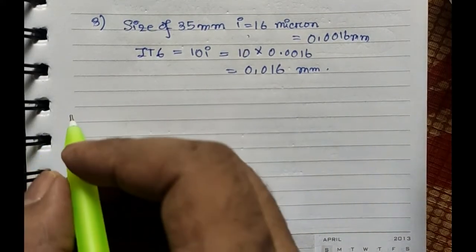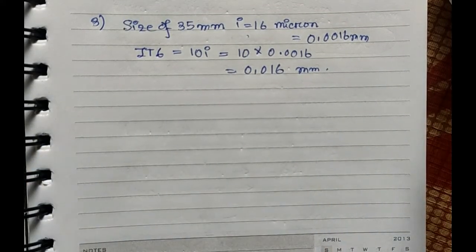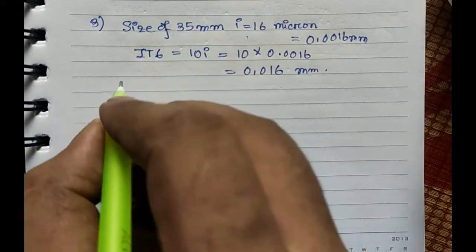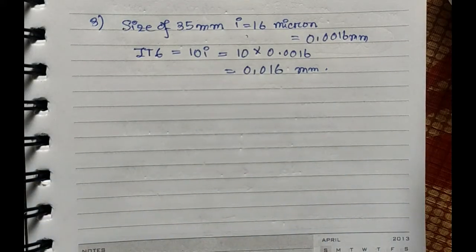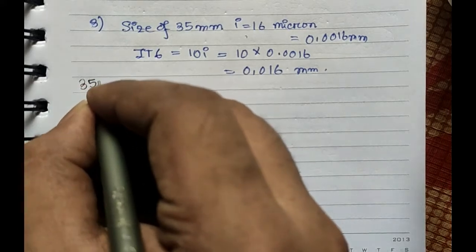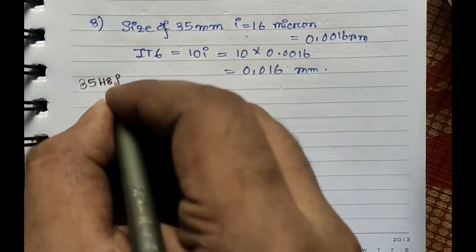Now you have to find IT7 and IT8, because those are the grades needed to find the limits of tolerance for 35 H8 F7.